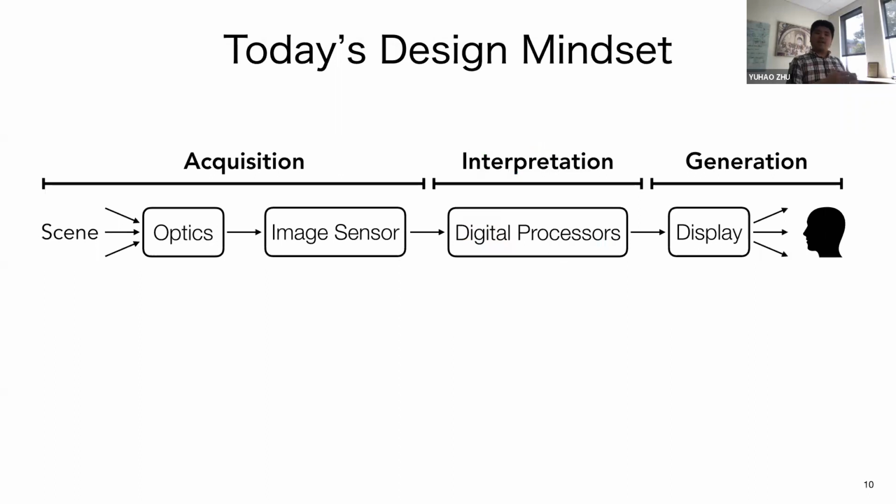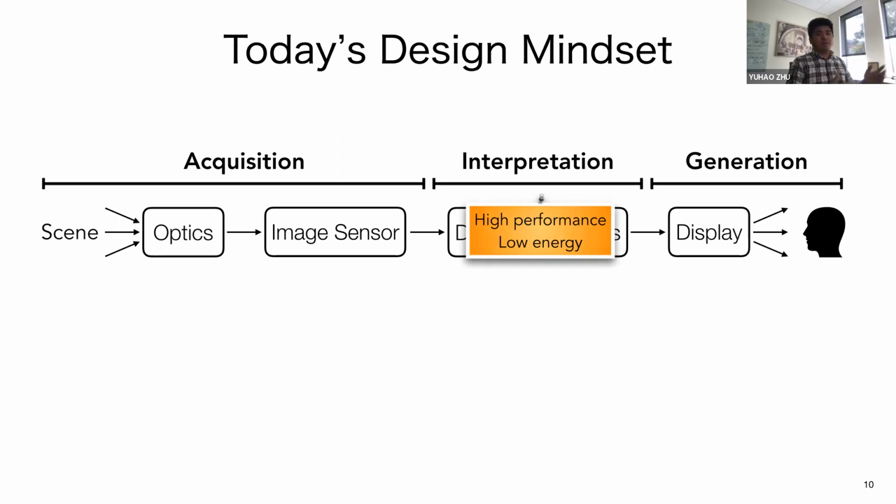But if you really look at this end-to-end pipeline, the interpretation stage, or optimizing the processor, is just one stage of the end-to-end pipeline. And what we have been doing is to optimize the interpretation, optimize the processors to the extremes. We improve its performance, lower its energy, and so on. And this mindset, if you talk to camera people and display people, is very similar to what they are doing.